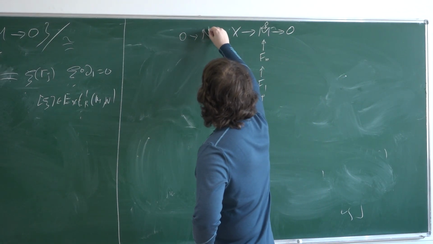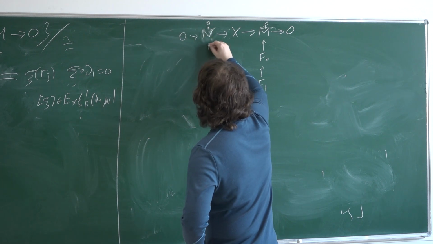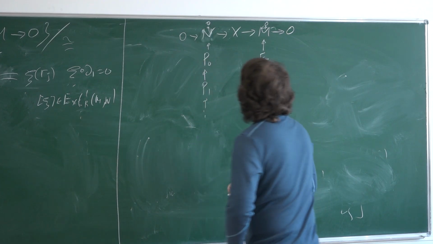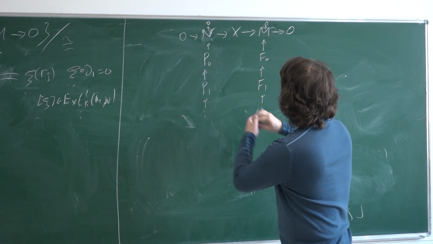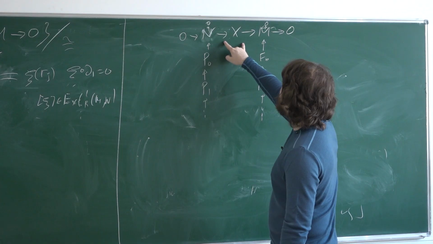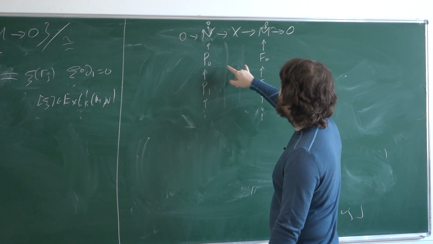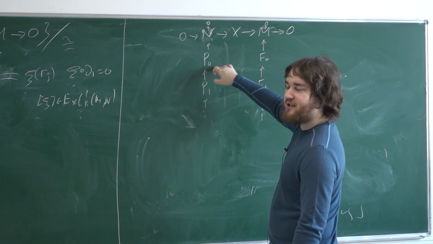Then we need to choose any projective resolution of N. And then you can construct from them the projective resolution of X, which as modules at each level is a direct sum of modules P_n and F_n.